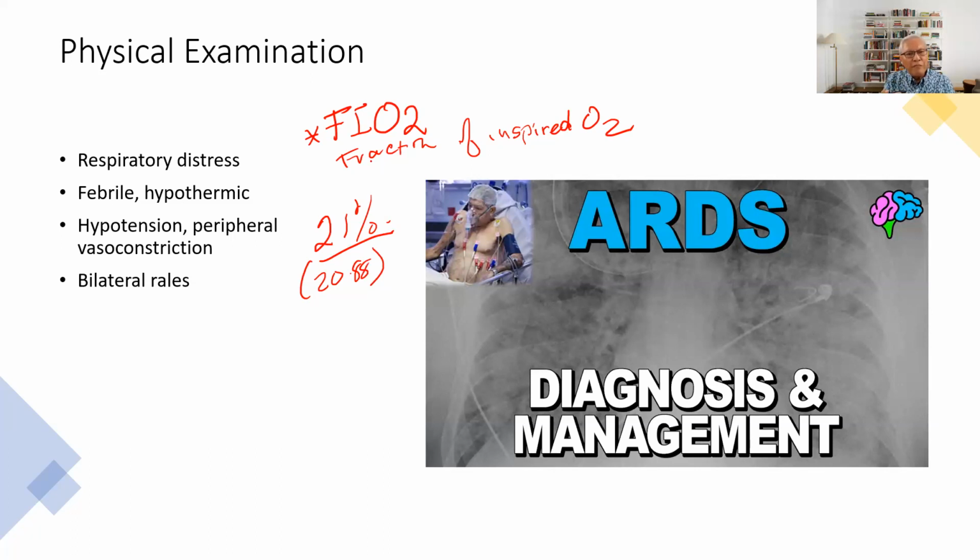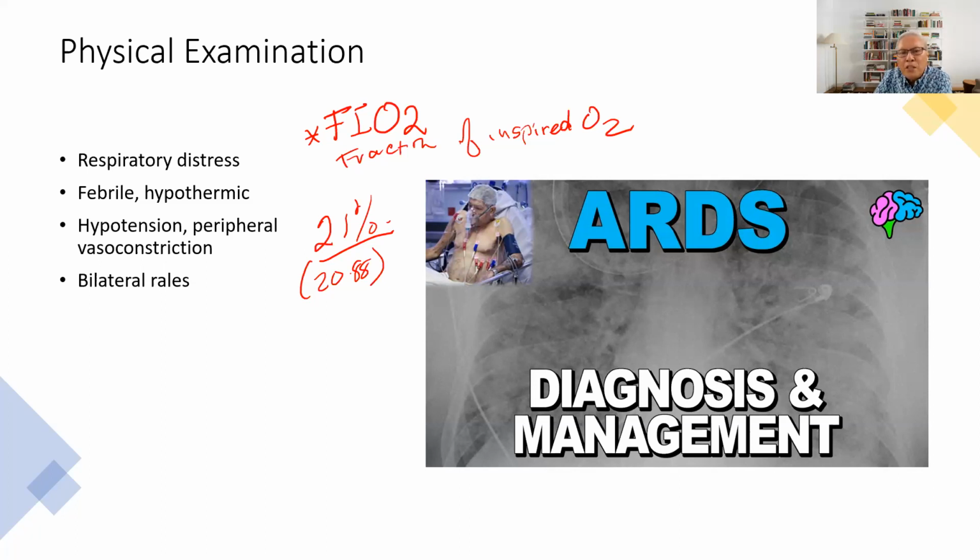Obviously, when you give patients oxygen, the FiO2 is going to be increased. So you might be giving them, for example, 60%, 30%, 50%, and so on. So that is what is known as the FiO2. So in patients with ARDS, there is a need for a higher FiO2 in order for them to maintain an oxygen saturation within the normal range.